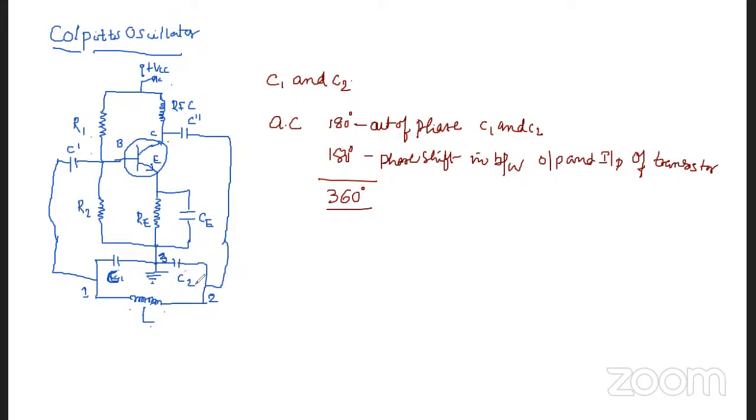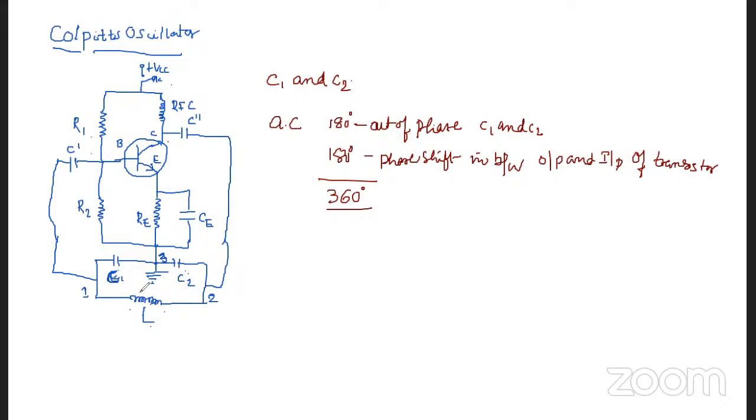Whenever you supply this energy to the tank circuit, these capacitors C1 and C2 are going to be charged fully. Once they have been charged fully, they are going to be discharged through this coil, that is an inductor L here. So this is going to produce what we call sine waveforms, otherwise AC waveforms, here.